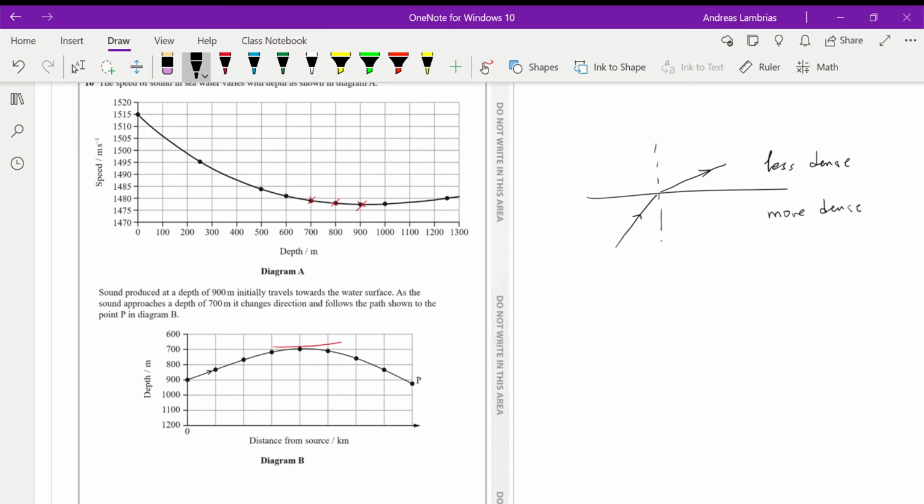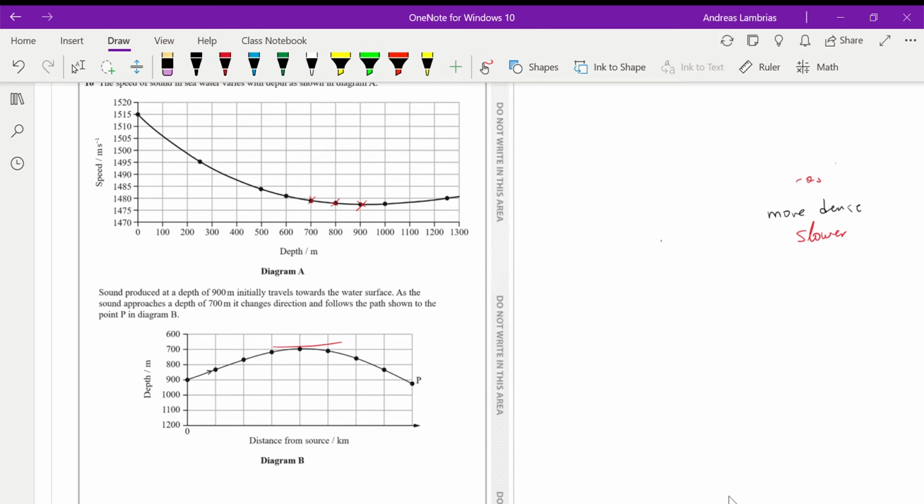Now, what does more dense and less dense mean? In terms of velocity, when it's in a more dense material, it is moving slower, and when it's going to a less dense material, it's moving faster. This change in speed, the fact that it's changing medium and going faster, is causing the change in direction.